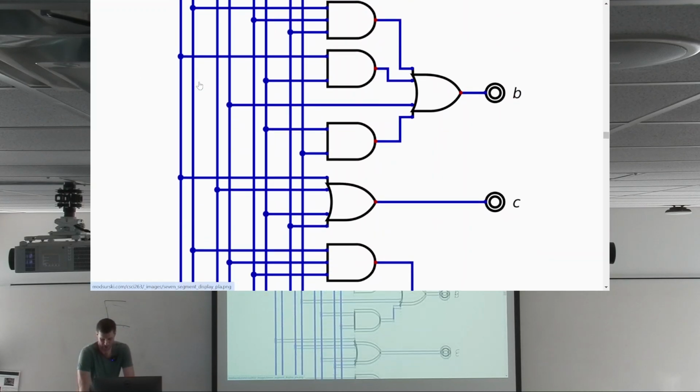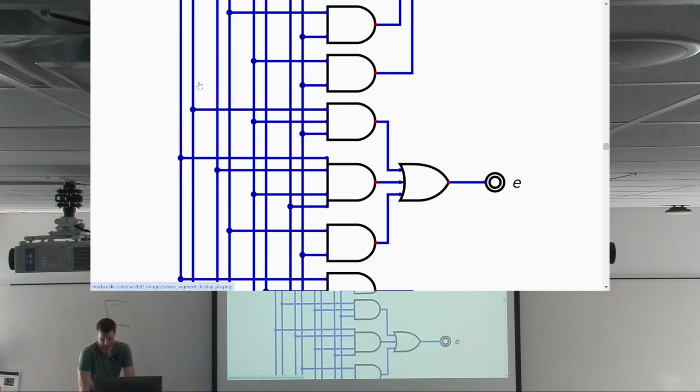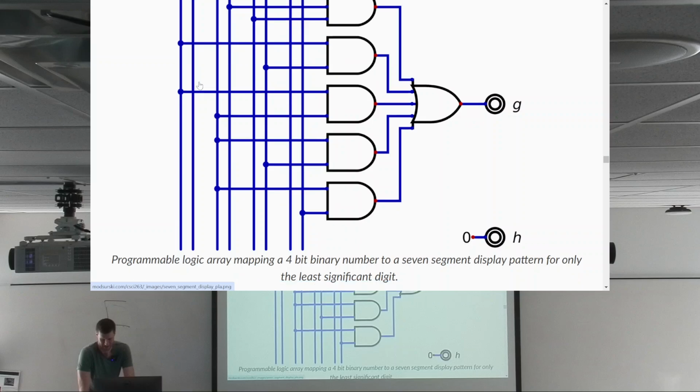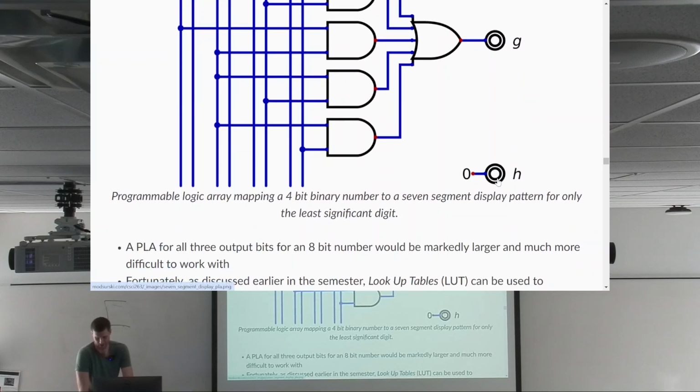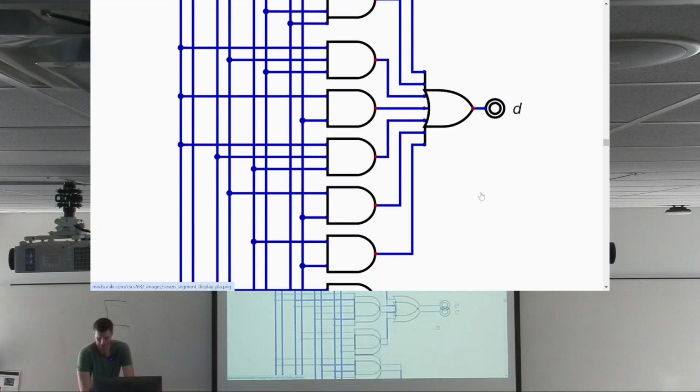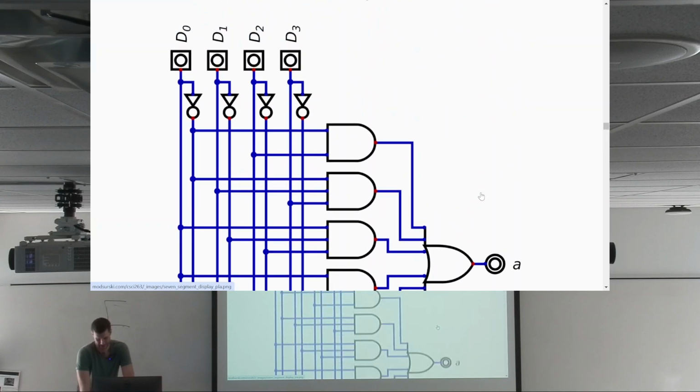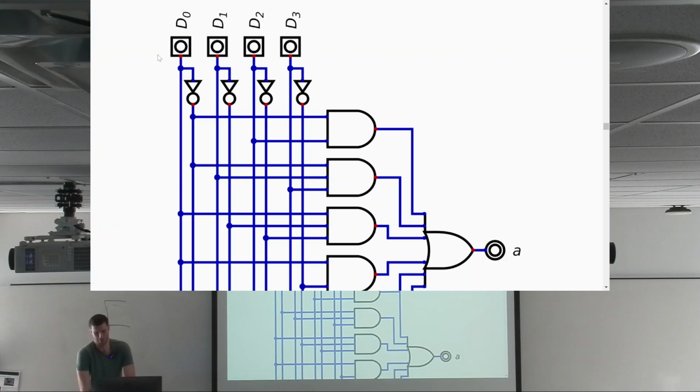So this is what it would look like for 4 bits. Oh yeah, and H is whatever, it doesn't matter. H is always off, so I don't care. This is the design. It would be twice as big for 5 bits, 4 times as big for 6, 8 for 7, and 16 times as big for 8 bits. Forget it, right? Not doing it.